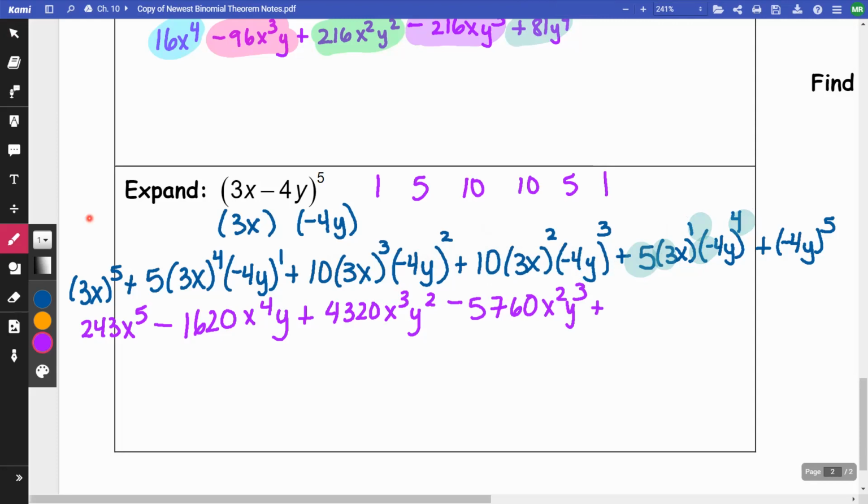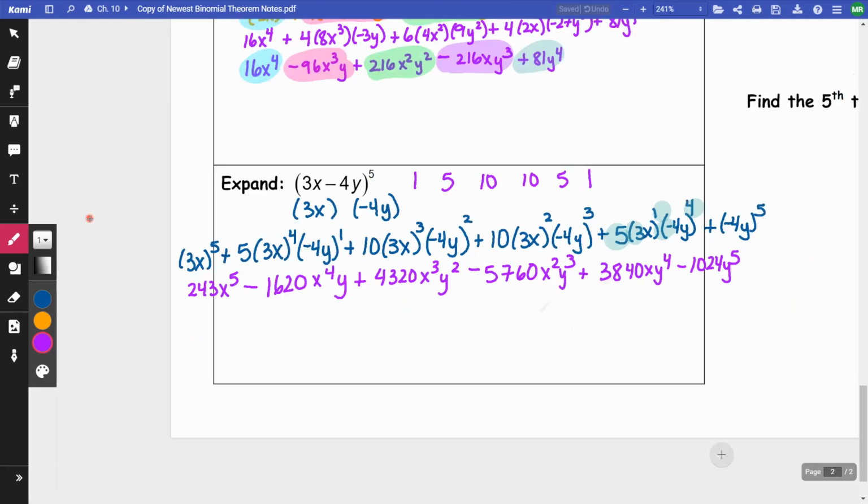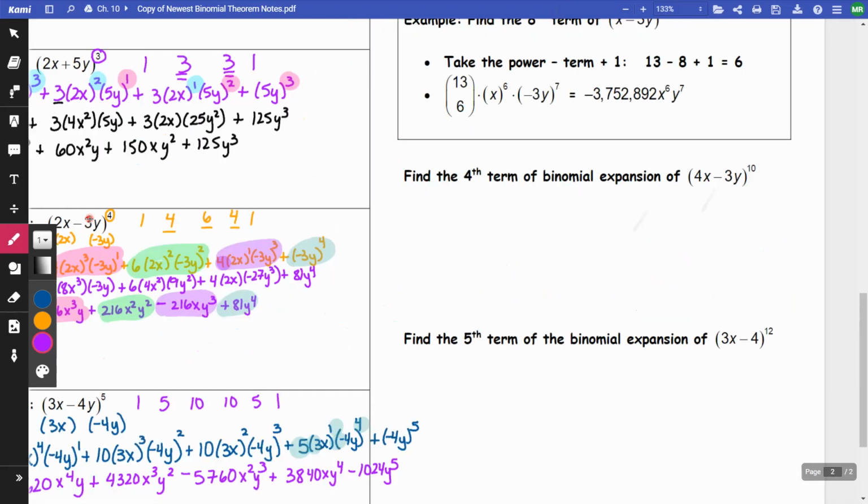I end up with 3,840 x y to the 4th. And then the last one is a -4 raised to the 5th, which is going to be a -1,024 y to the 5th. And then that's your answer. This is when we are expanding a binomial. Now, sometimes they want us just to find a single term.